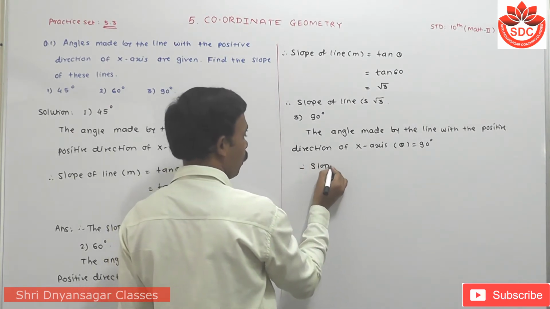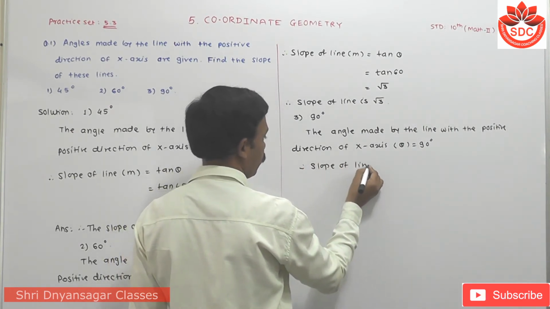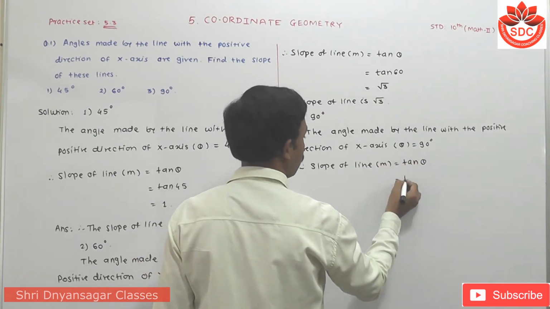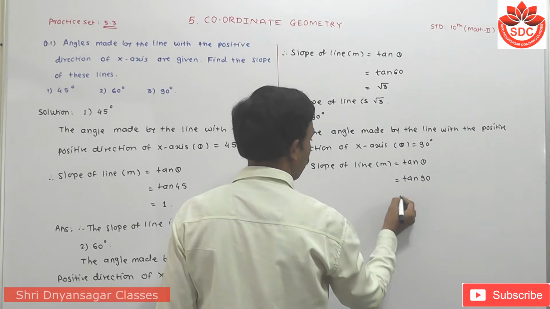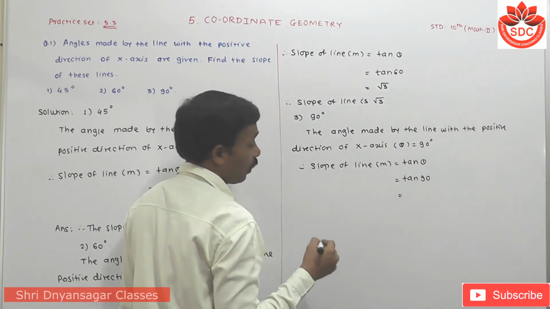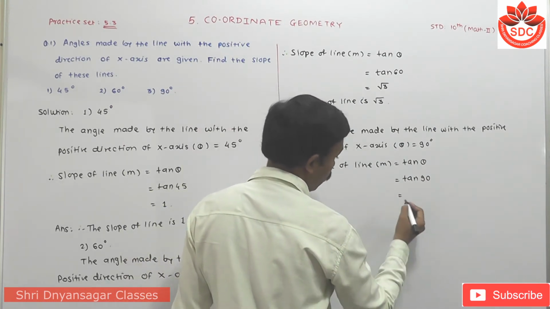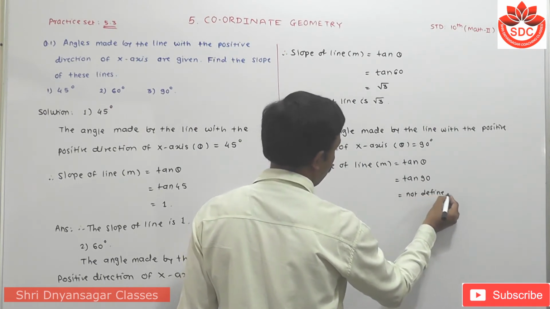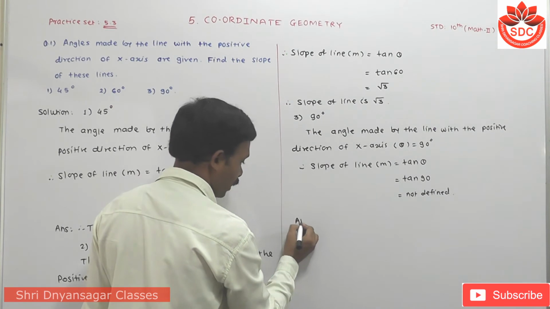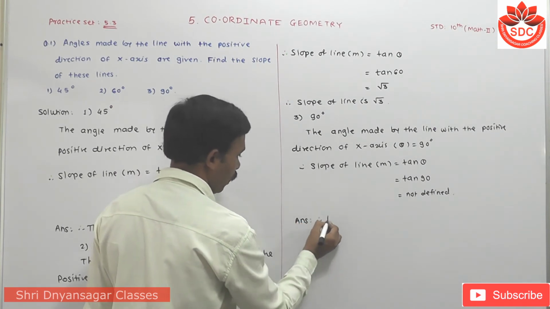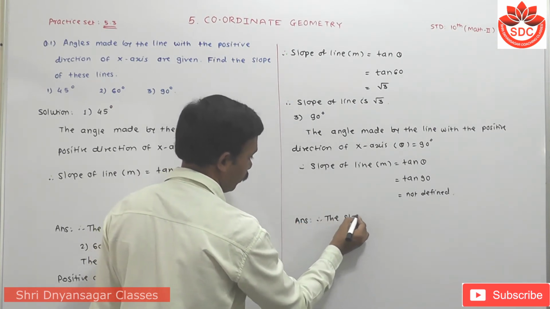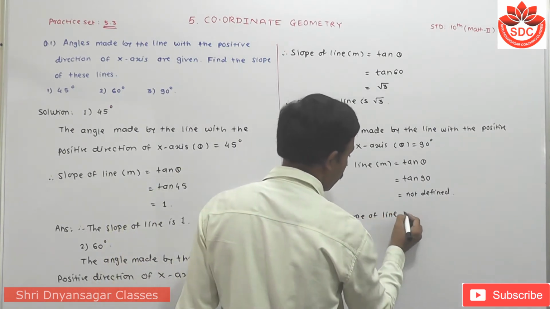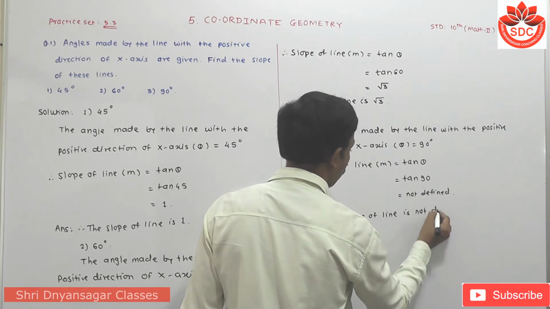Therefore, slope of line m equals tan theta equals tan 90. Tan 90 is not defined. Therefore, the answer in a full sentence: the slope of the line is not defined.